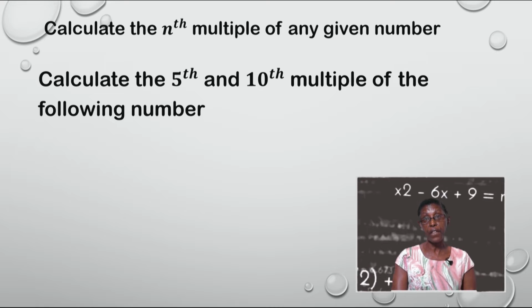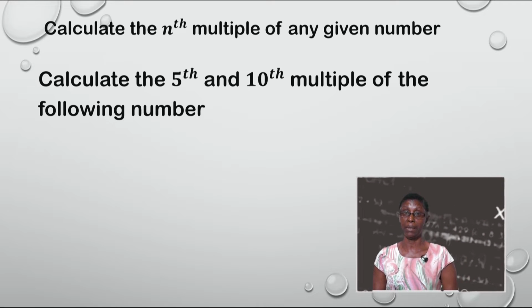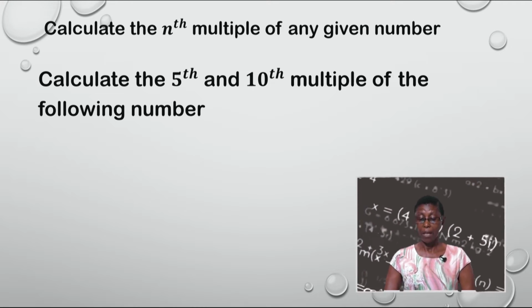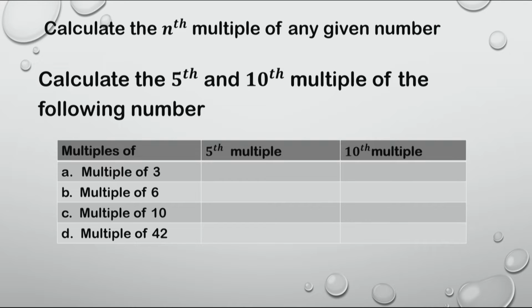The 5th multiple and the 10th multiple. Okay, so that's the table. We're looking at the multiples of 3, 6, 10 and 42. But we're not going to list out the multiples of 3. We want only the 5th multiple of 3 and the 10th multiple of 3.